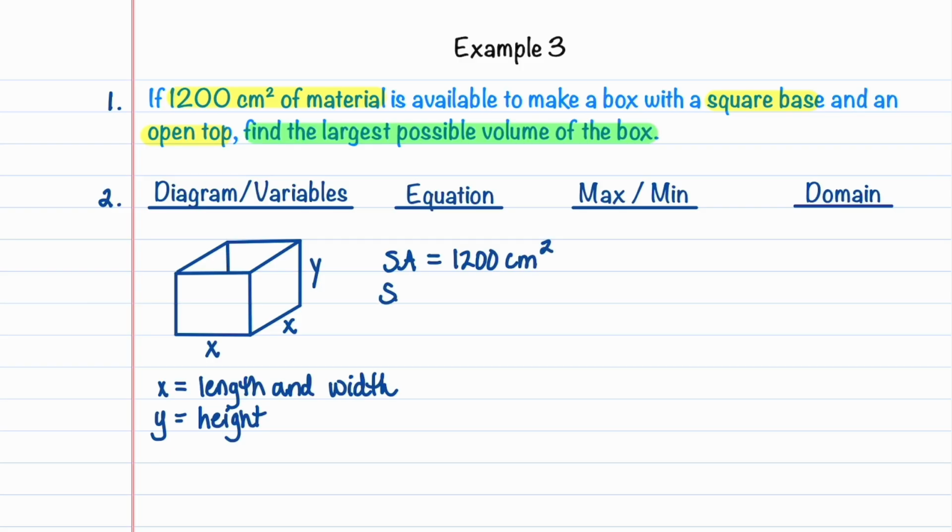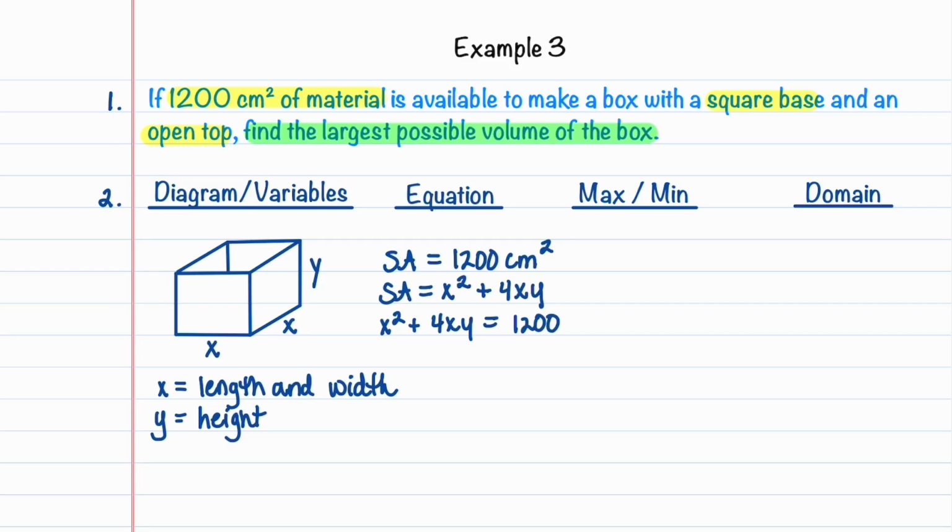And then let's also write down what our surface area is. It's equal to the base, which is x squared. And then it's equal to all 4 sides. And those 4 sides are the same. So we're just going to have 4xy. So our equation is going to be x squared plus 4xy is equal to 1,200. We'll leave out the units for right now.